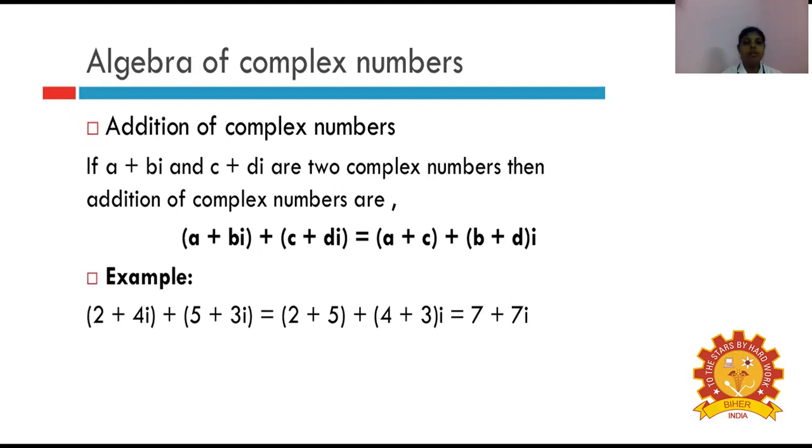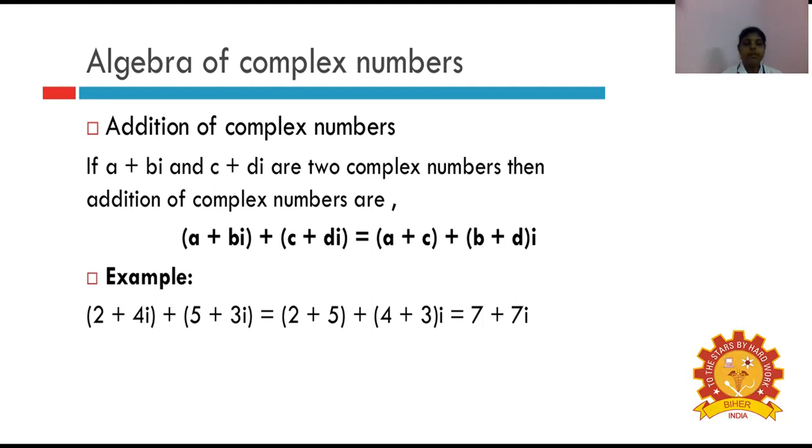Next, algebra of complex numbers. First, we see addition of complex numbers. If a plus bi and c plus di are two complex numbers, then addition of complex numbers is (a plus bi) plus (c plus di) equal to (a plus c) plus (b plus d) into i.